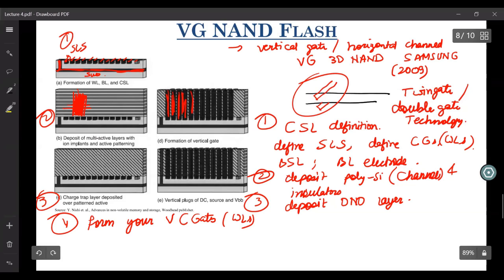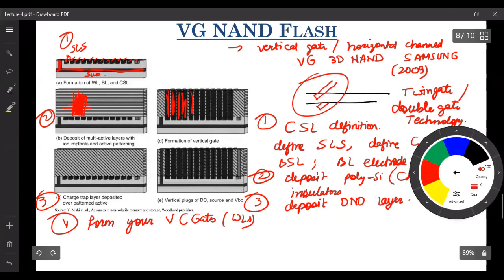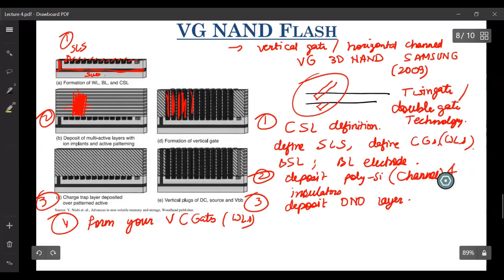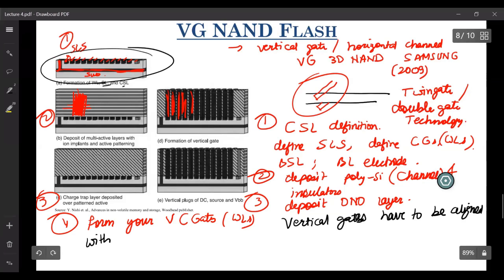However, there is a stringent condition that these vertical gates have to be aligned with your definition of this word line, bit line, and CSL that you did in the first step.